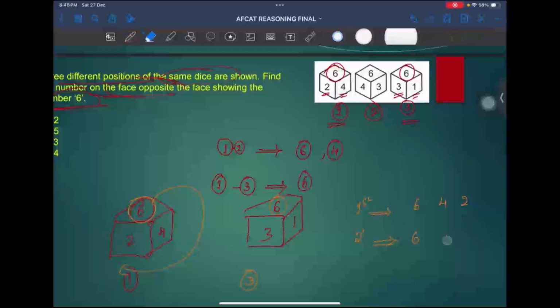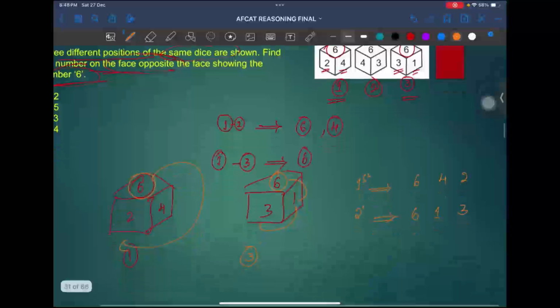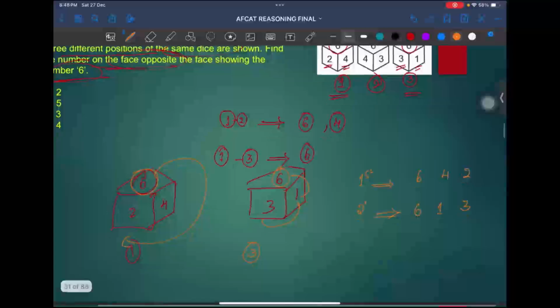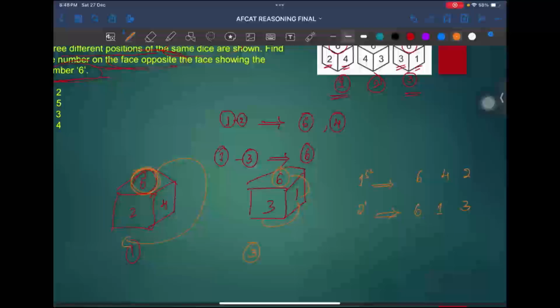After 6, it is 1. After 1, again it is 3. So when we identify a single common number with different adjacent values, you just need to take the common number, and from there write in a clockwise order.